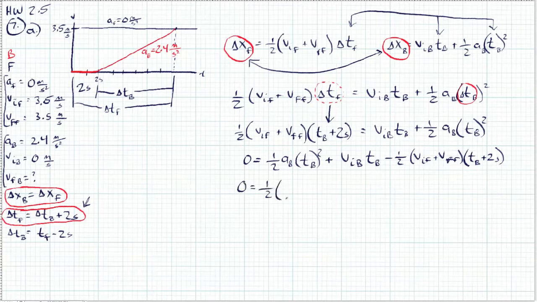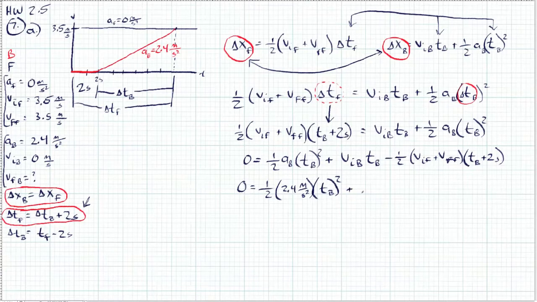Well, the acceleration of the biker is 2.4 meters per second squared, times the time of the biker, which we don't know yet. Time of the biker squared. That's going to be kind of our x value, like ax squared plus bx plus c equals 0. That's our standard quadratic format, so this is going to stand in for where x would stand in.